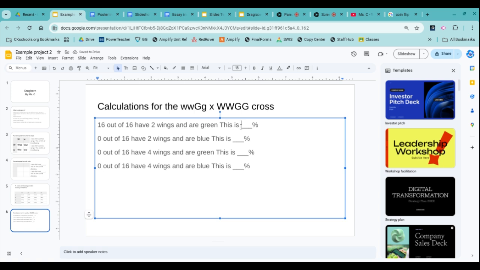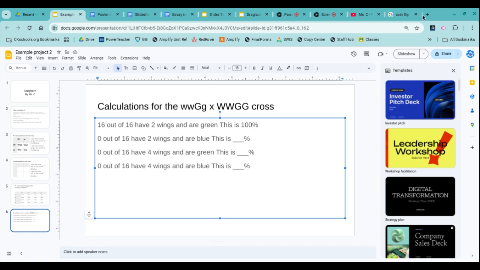In order to find the percentages, though, just in case you don't have the easy math like me of saying it's 100%, all you do is divide your first number by your second number to find the percentage. So I divide 16 by 16, and that's 1. So it became 100%. If I had divided a smaller number by 16, it would have given me a decimal. You use that decimal to figure out the percentage.